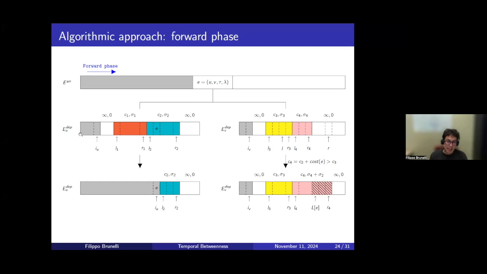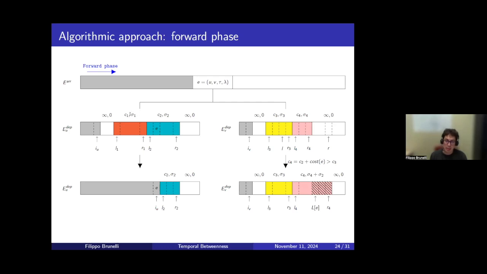And in this list we have some intervals that are colored, and each interval is a kind of window of temporal edges in the list that has an associated cost and a number.